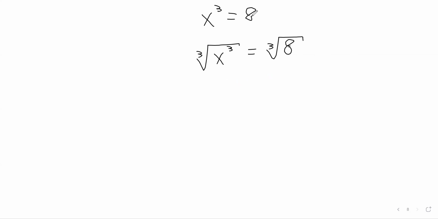We've got that composition and it cancels out and it leaves us with x. On the right, the cube root of 8 is 2, but the important point is that we took the cube root of both sides.